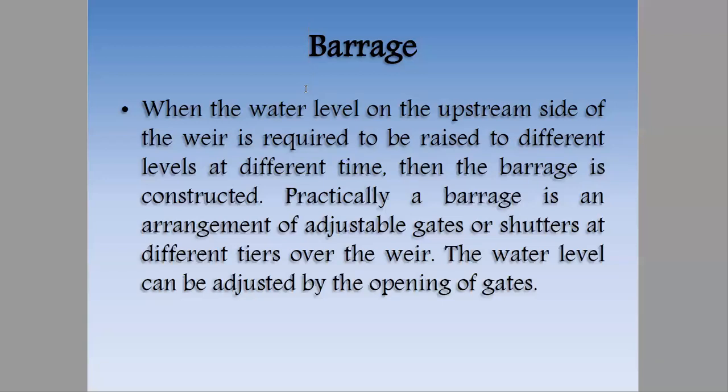Practically, a barrage is an arrangement of adjustable gates. Of course, we are now well aware that a barrage has adjustable gates, which may sometimes be called shutters. You are familiar with the shuttering system, at the different tiers of the weir, and we have different levels of weir.